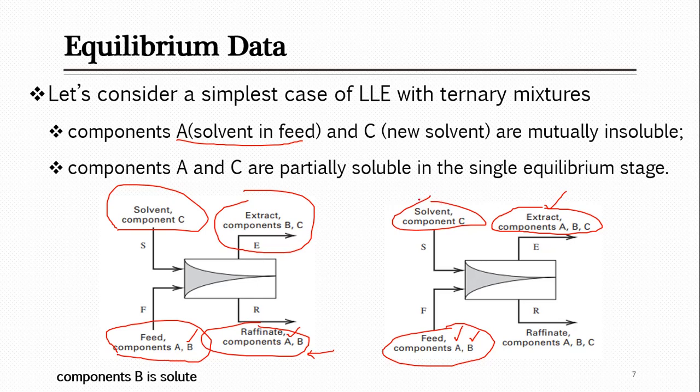Just remember, last week you studied the definition that in most cases the extract will be the lighter phase and the raffinate the heavier phase, but it is not necessary.